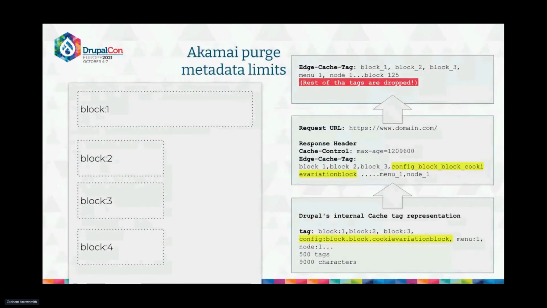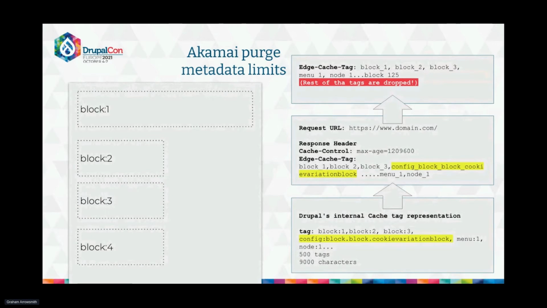So if we walk through that process, what we're using is Drupal's internal cache tag representation, which can have quite long and verbose tags. This is actually fairly short compared to some of them. When we have quite complex pages with a lot of dependencies on data, you can accumulate a substantial number of tags and use a lot of characters.